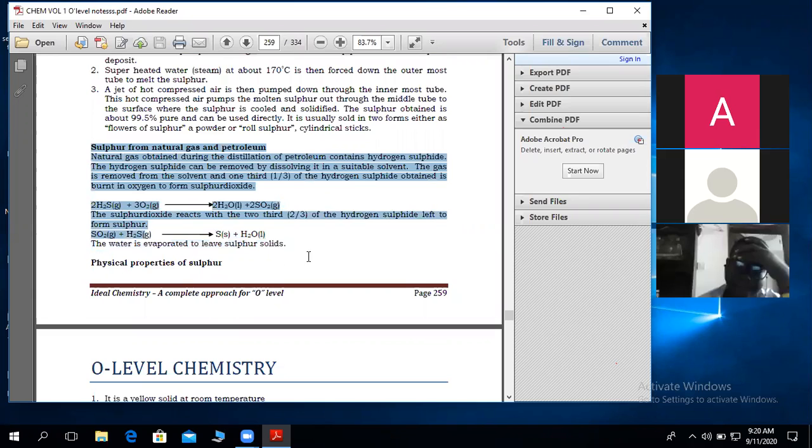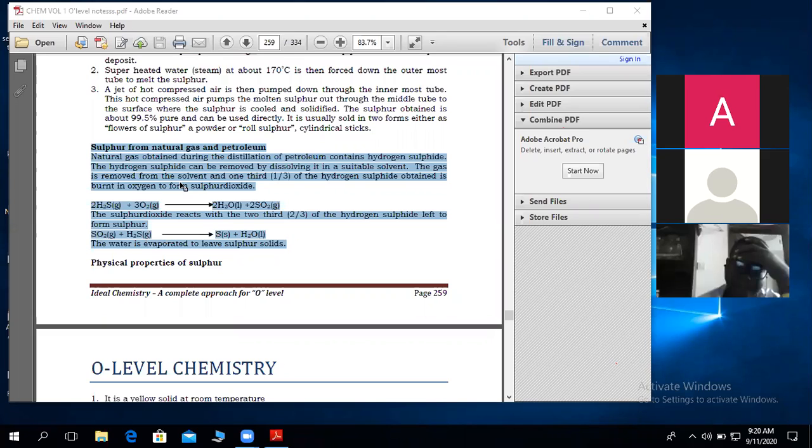And the natural gas, we are saying, is got from distillation of crude oil to get petrol and diesel. That natural gas contains hydrogen sulfide. So you burn some of it in oxygen to form sulfur dioxide, and we continue, reacting hydrogen sulfide with sulfur dioxide, and we get our sulfur.